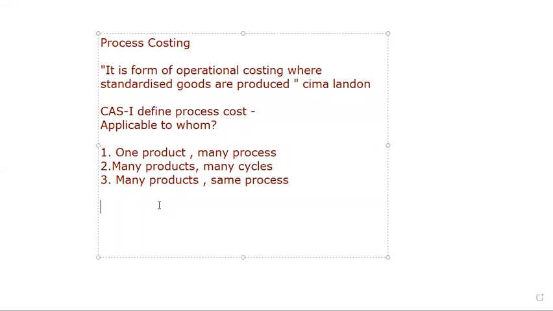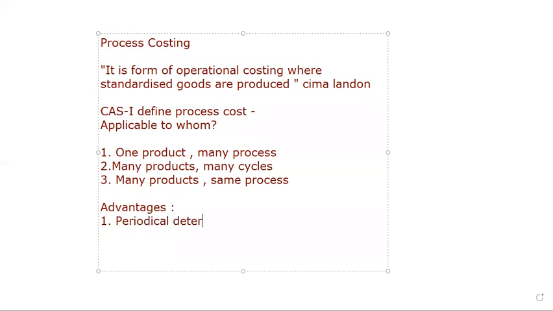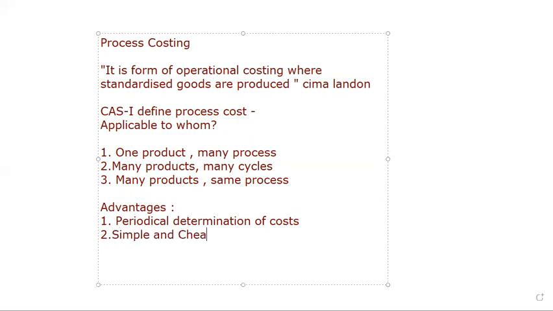That means periodical determination of the cost. What are the advantages? Number one advantage is periodical determination of cost. This is the first thing. Second, it is really very simple and, from the financial point of view, very cheap.